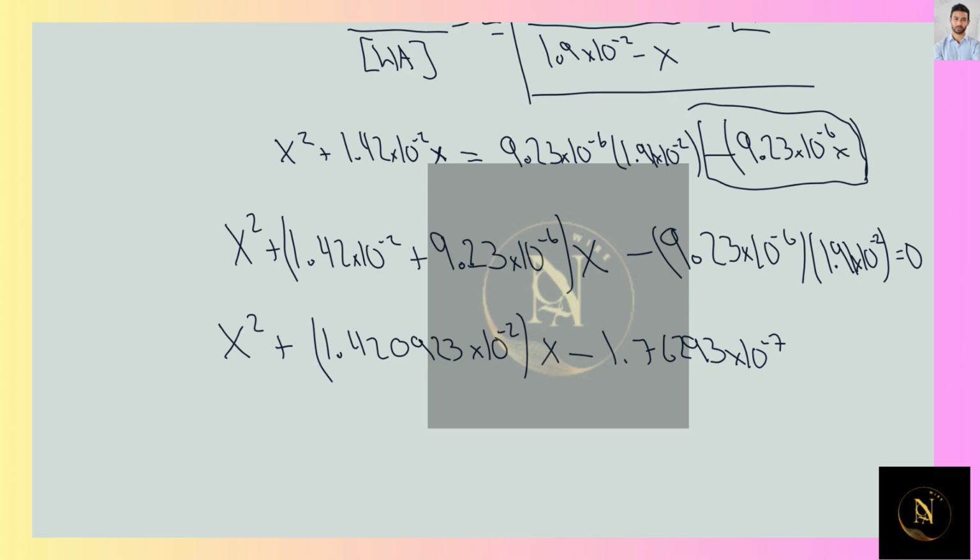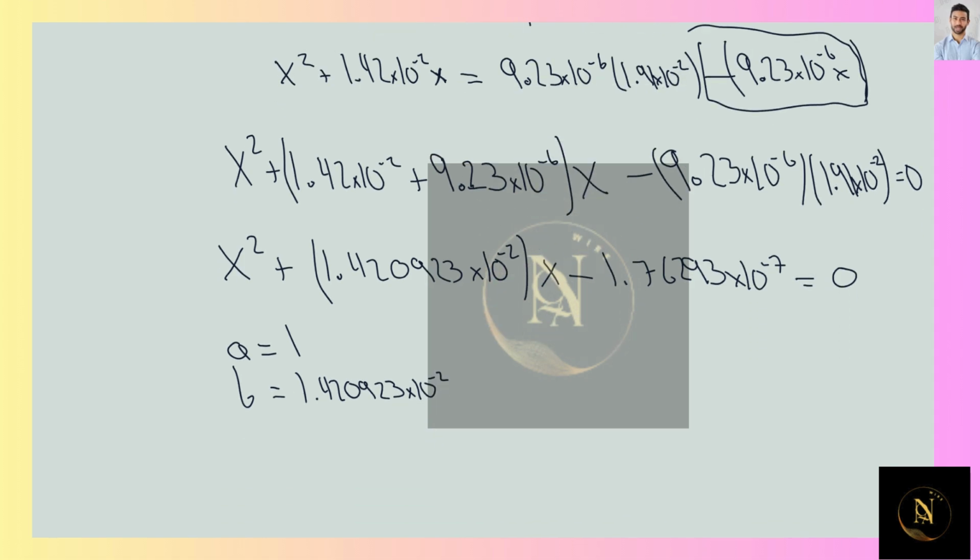I just verified the value. And this needs to be equal to 0. So that means that A is equal to 1, B is equal to 1.420923 times 10 to the minus 2, and C is equal to minus 1.76293 times 10 to the minus 7.